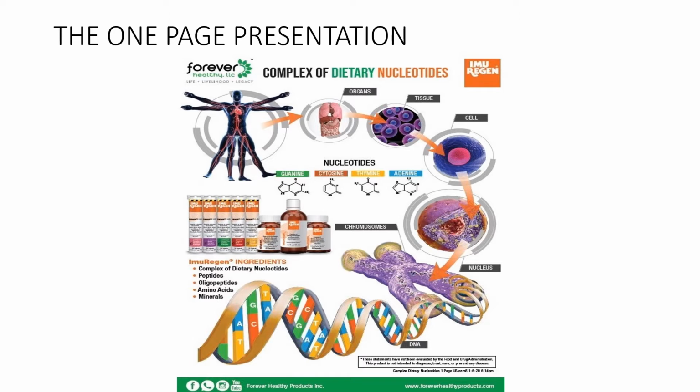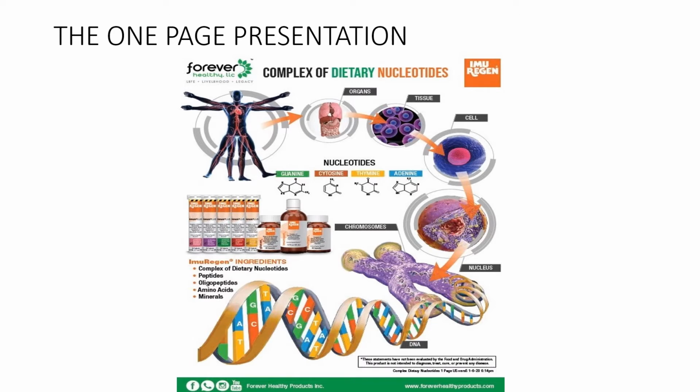And if you will now look at the one-page presentation, you can see that at the upper left is the figure of the human body, and the body contains about 12 systems.